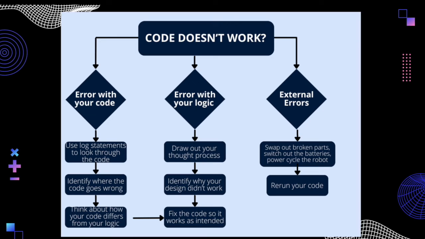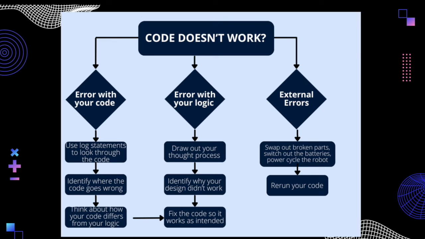Once we've determined that nothing external is affecting the robot, then we can start looking through our code. This is usually done with something called a log statement, which we'll talk about later. After we look through the code, we can find areas where the code isn't working as intended, and then we can fix them.